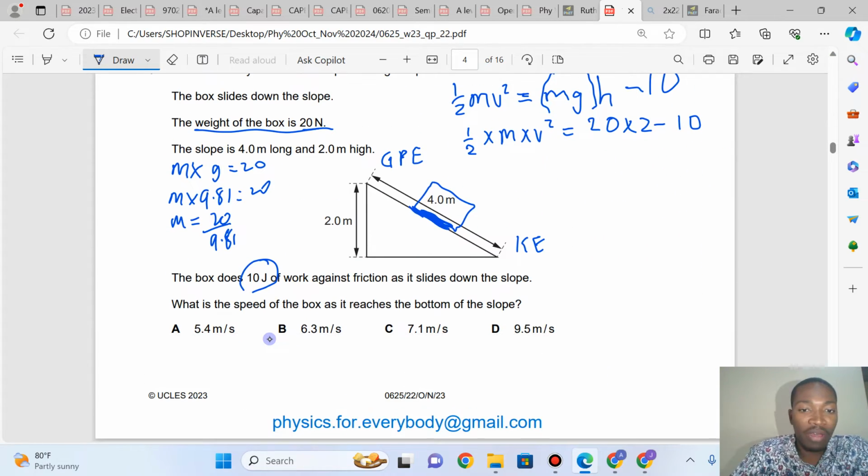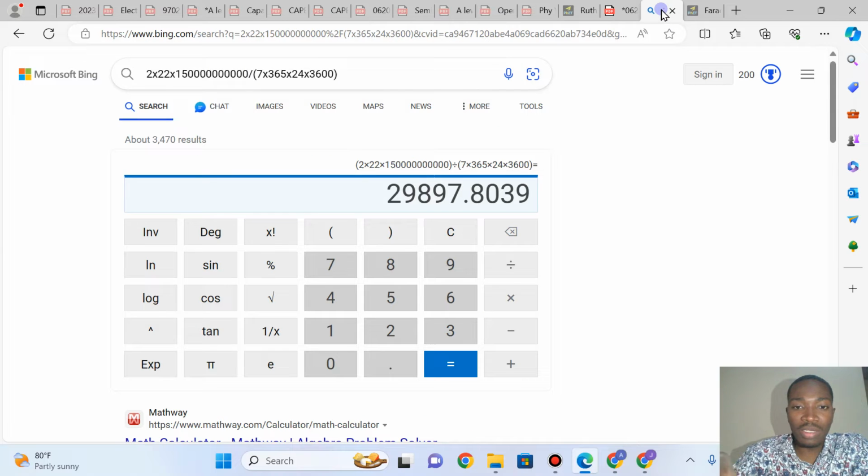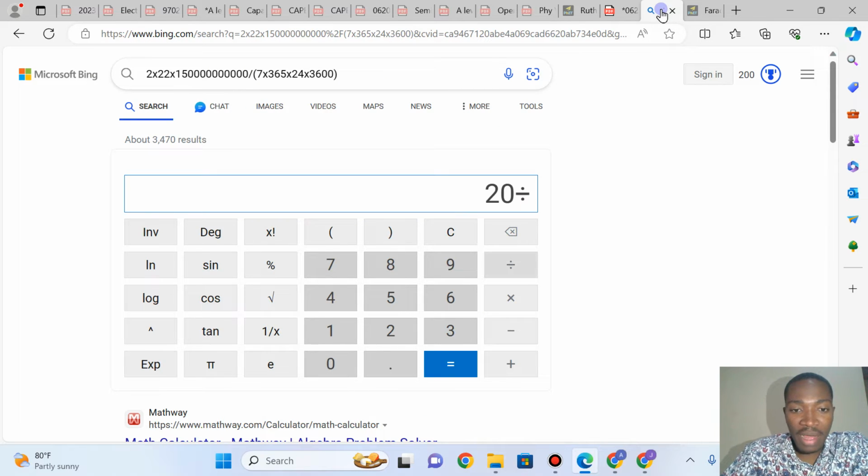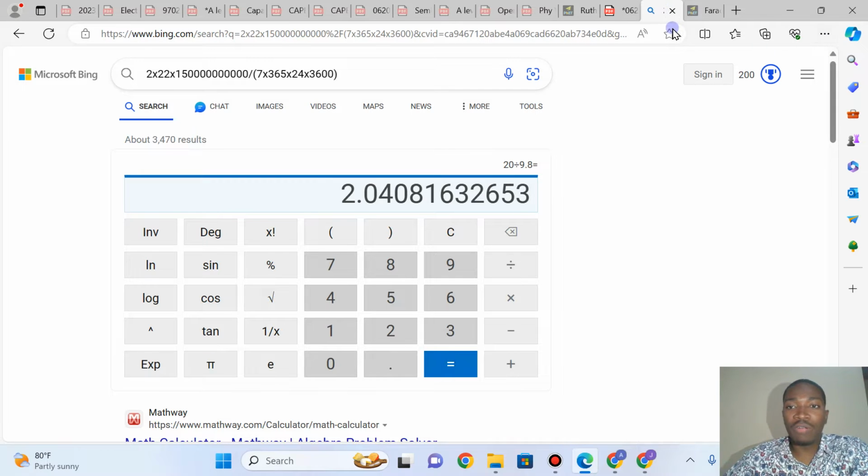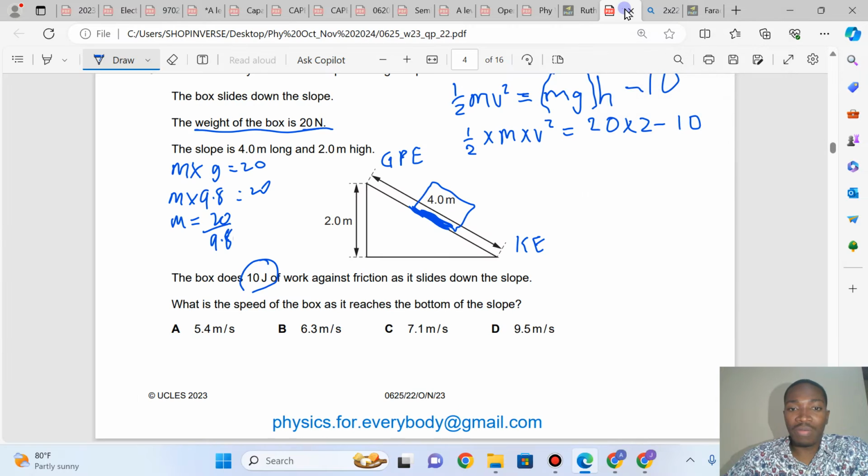Let's go: 20 divided by 9.8. We use our calculator. That gives us 2.04, which is approximately 2. We're working to two decimal places.